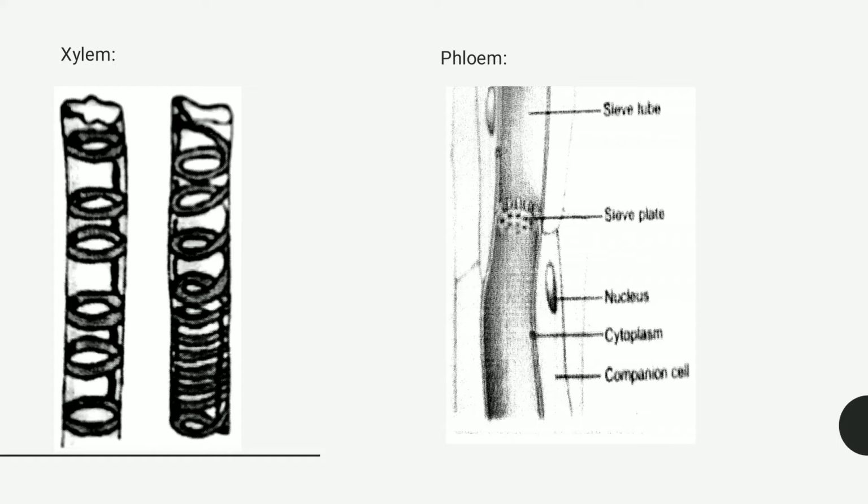The next is the companion cells. They are found next to the sieve tubes. They have a nucleus, and these companion cells have a large nucleus, with dense cytoplasm. There is a presence of mitochondria as well as rough endoplasmic reticulum.